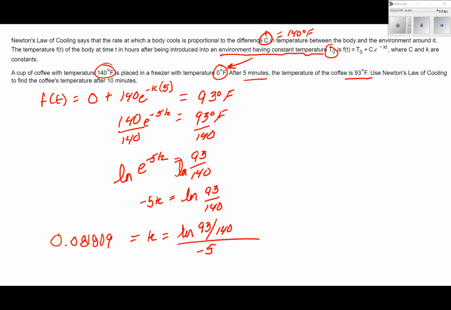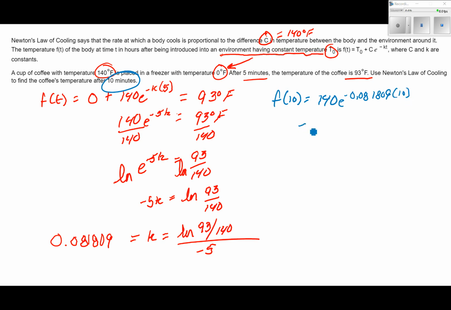So now we know C, we know k. The last question they ask us is what is it after 10 minutes? So we can use our function. After 10 minutes, f of 10 would be our 0 plus 140. So let's just leave it as 140 e to the negative, this k value that we found, 0.081809 times now 10.